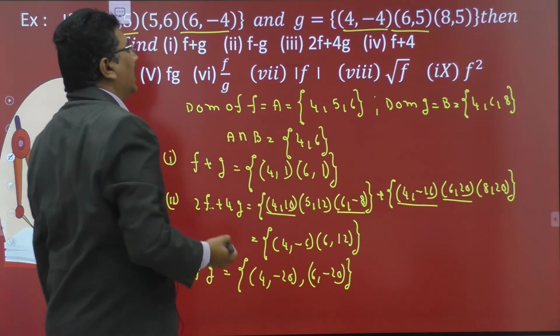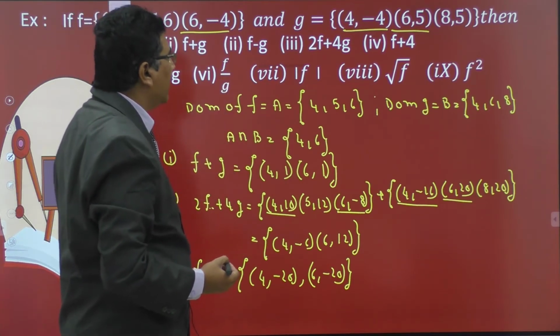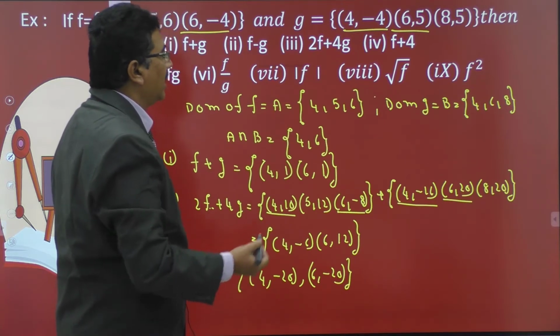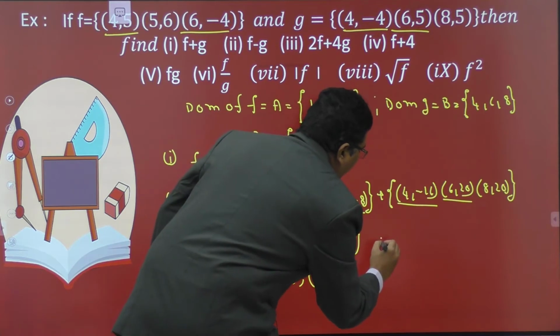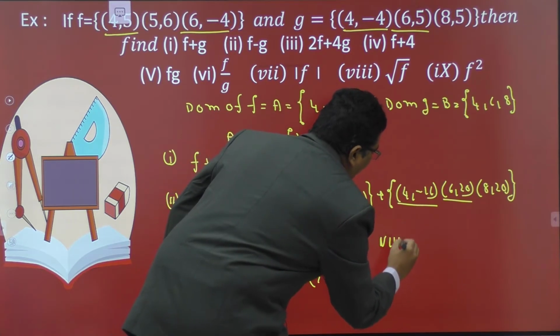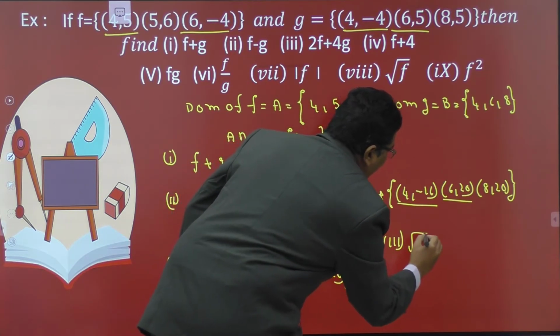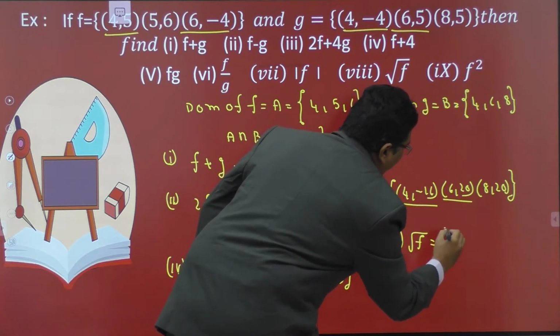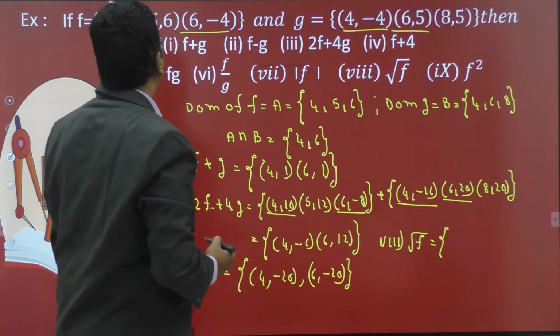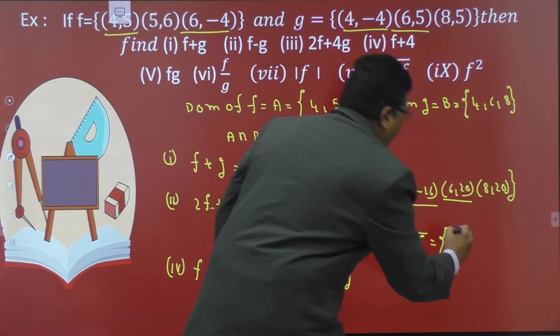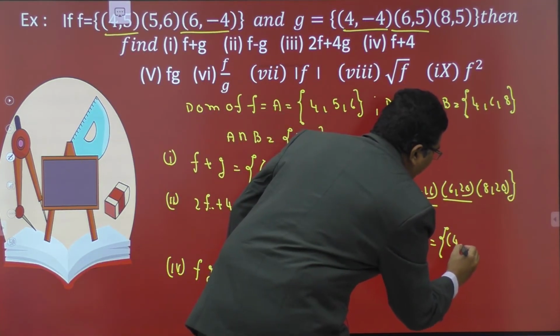Now similarly we can calculate f by g and mod f. Now see root f. How to calculate root f? That is equal to the set of all ordered pairs (4, root 5).